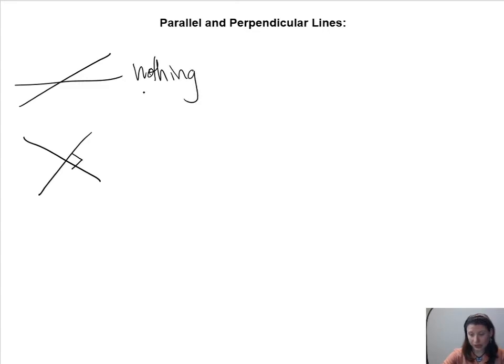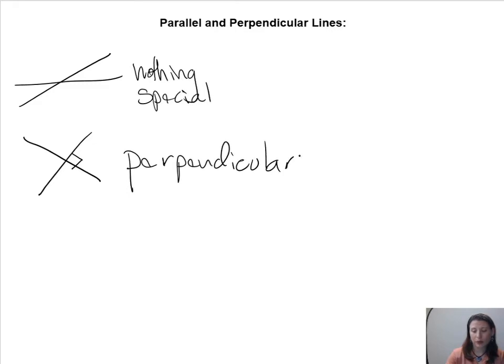That second one is at a specific angle, so we call that perpendicular. We'll talk about the slopes of these in just a second.